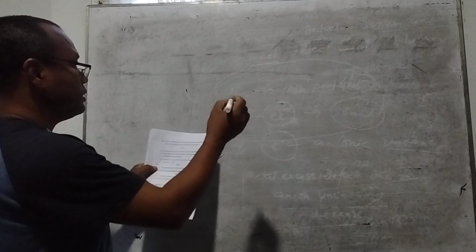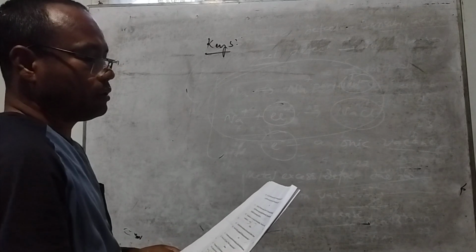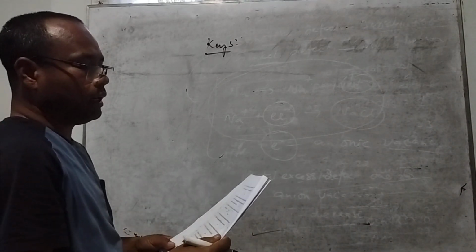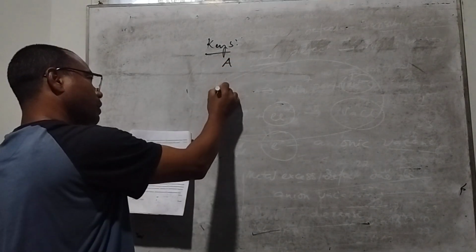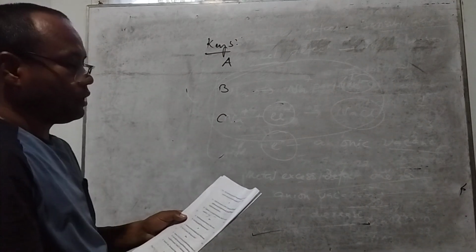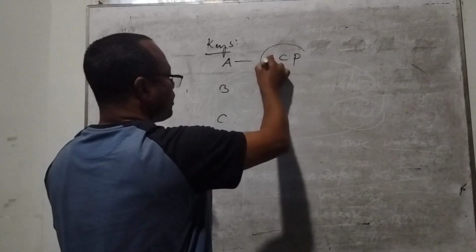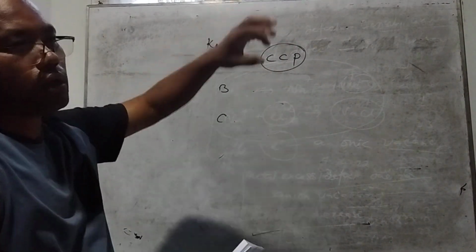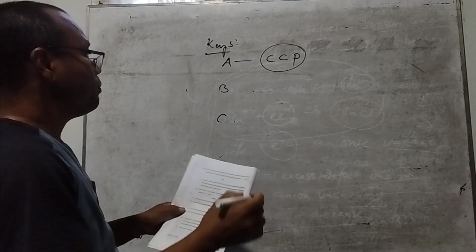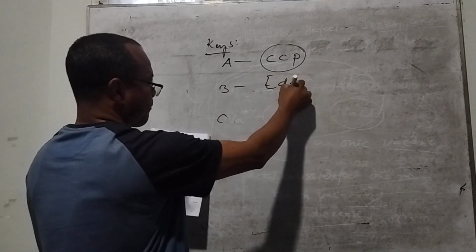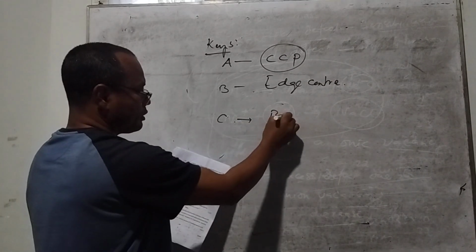In this alloy, what are the metals given here? A, B, C. Now A is present in the CCP, that means these A atoms are arranged in cubic close packing. Now B occupies the edge centers, right? Then C occupies the body center.